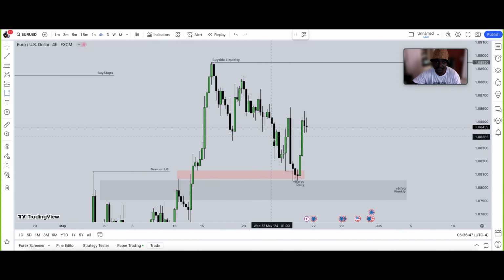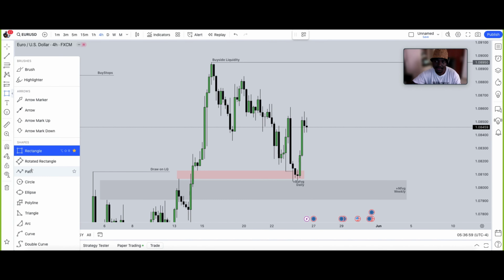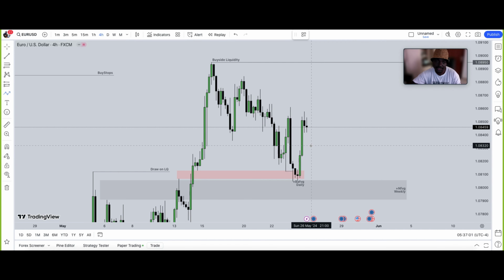This was the farthest fair value gap, this one here. As price was coming towards this fair value gap, we do not have any other lower fair value gap. So it's giving me a 50-50 scenario. We could witness higher prices, or we could witness lower prices.